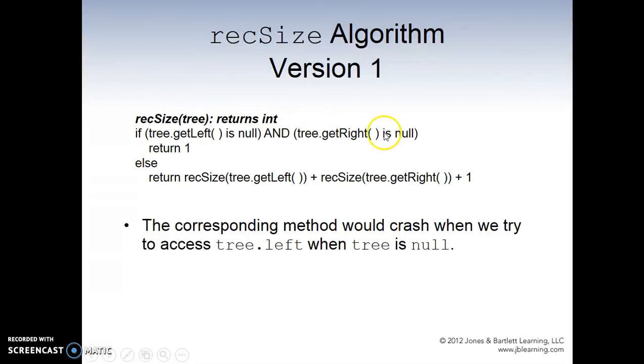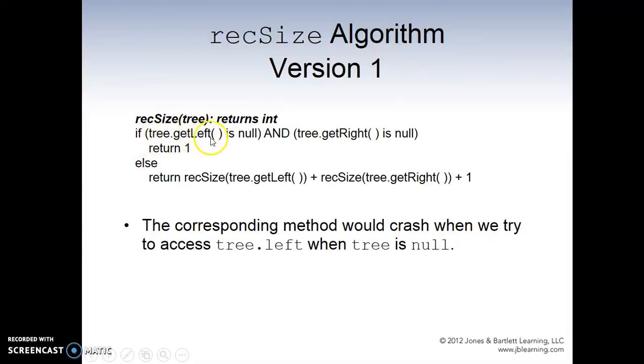So let's look at the algorithm for recursiveSize. This is the first version. This method returns an int, which is the number of nodes for the tree that we pass in.